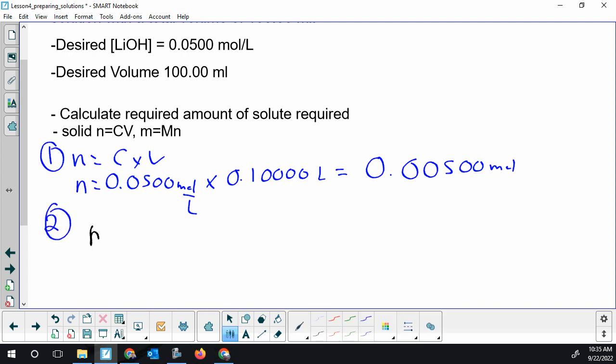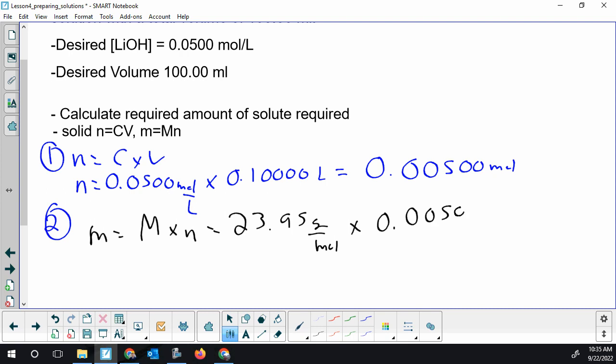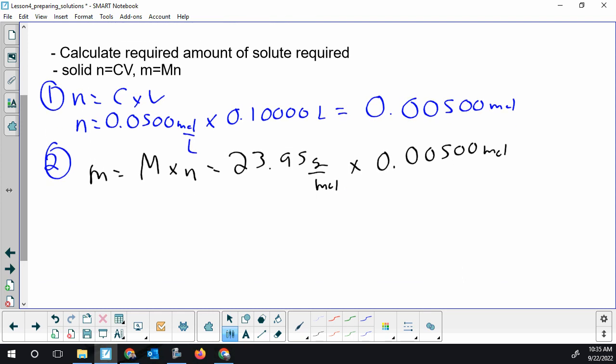Then we can get what we really need, which is our mass: molar mass times moles. Moles cancel, so we're getting our mass in grams, the default of most scales, and rounding to 3 sig figs, 0.120 grams.